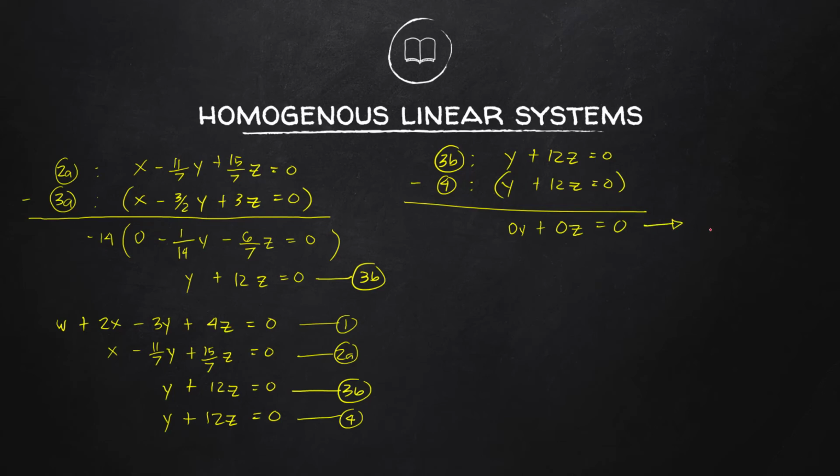Our equation 4a. So in doing this, we have your new equations. That would be w plus 2x minus 3y plus 4z equal to 0. x minus 11 over 7y plus 15 over 7z equal to 0.